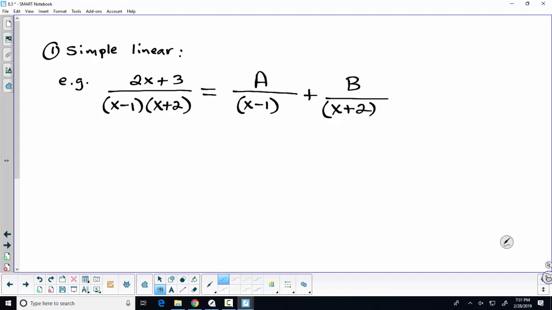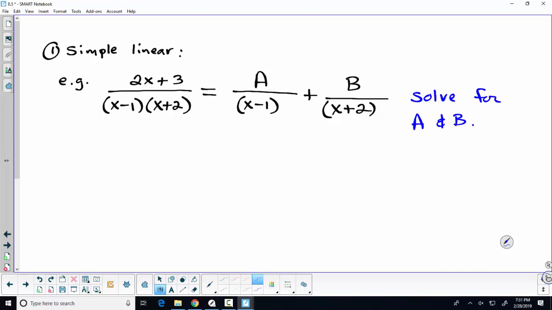So they say A1, A2, A3. We could use A, B, C all the way to Z. If we needed more, we could say A, AA, B, BB, C, whatever. Doesn't really matter what we call these constants. But the idea is that once we've set that up according to the denominator, now we have to solve for A and B.